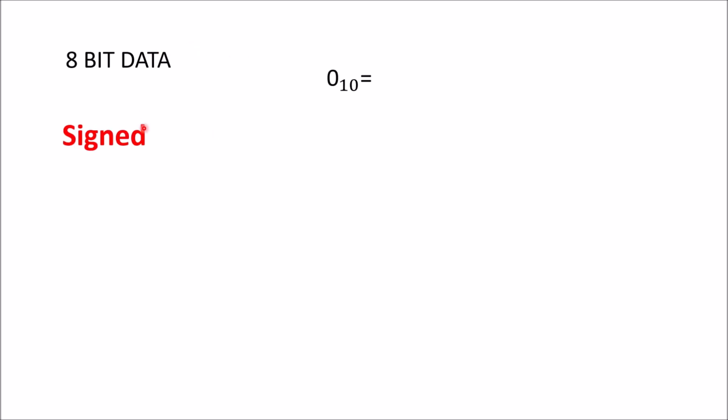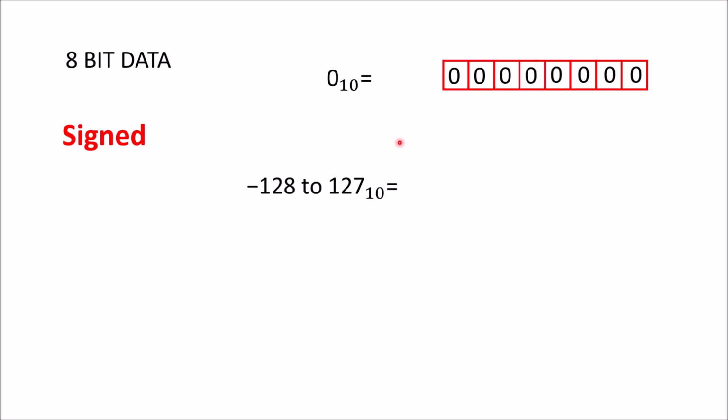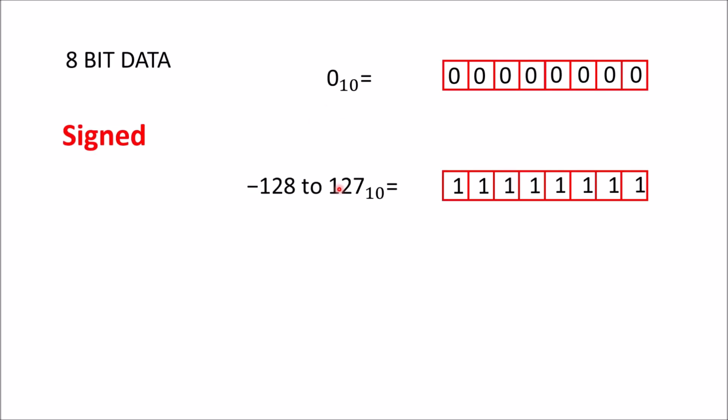So this datum is going to be called signed, a signed datum, because we are going to take into account negative values. So when we specify that a datum is to be signed, what we are going to do is actually split that number of 256 that we had previously into two halves.